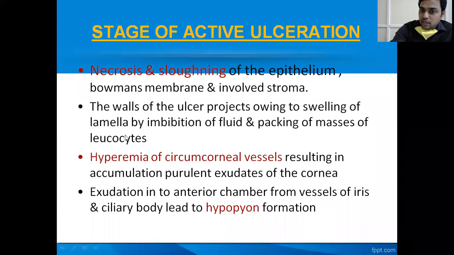As there is a damage to the epithelium, that itself leads to entry of fluid into the corneal layers, because the epithelium acts as a barrier to entry of fluid into the corneal layers. Because of the toxins and enzymes, there is a necrosis of the corneal tissue and the walls of the ulcers.